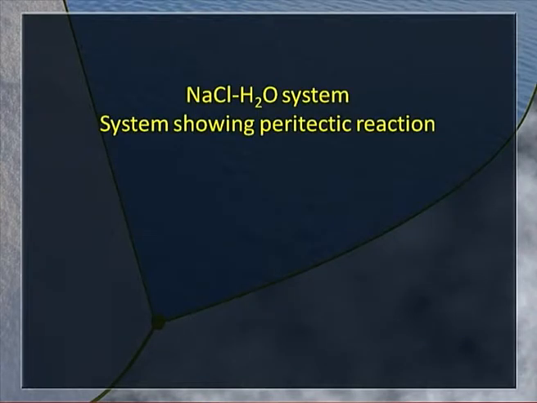Sodium chloride water system. This is a system in which we have a peritectic reaction. The components have a tendency to form a compound, and this compound is not stable and cannot be heated to its own melting point. Before reaching that point, it decomposes to give another solid and a melt with a difference in composition.